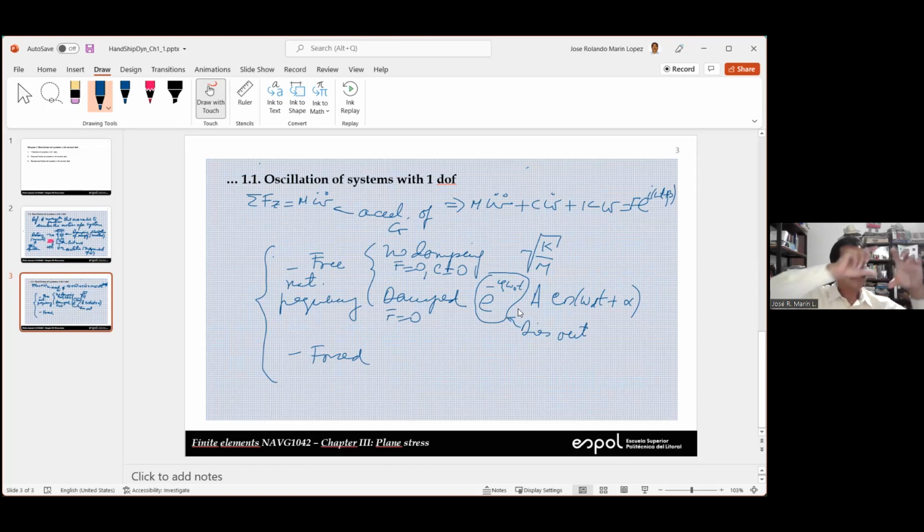So the oscillation is reducing until finally it dies out. So as you increase the amount of damping, as you said, Carrillo, this term reduces the whole solution, and then finally it comes back to its neutral position.